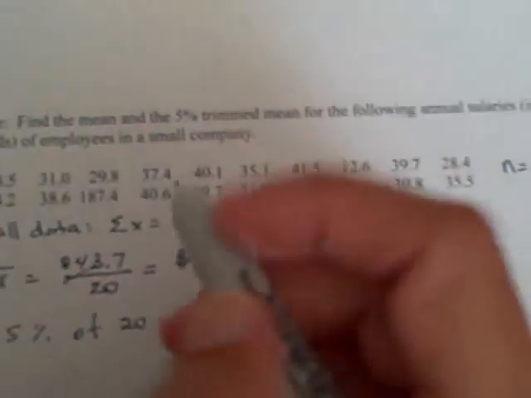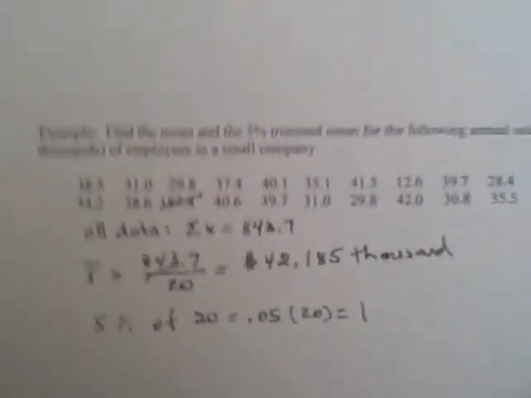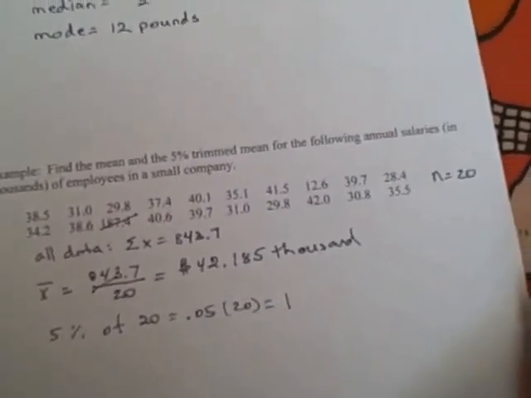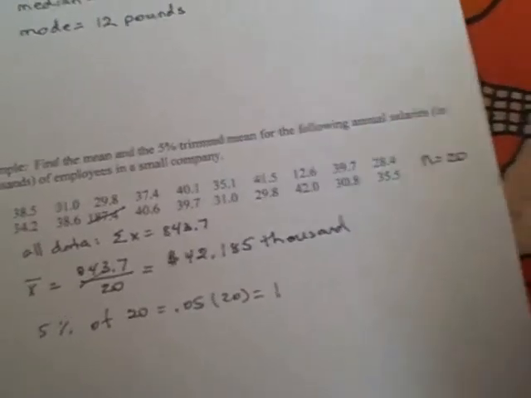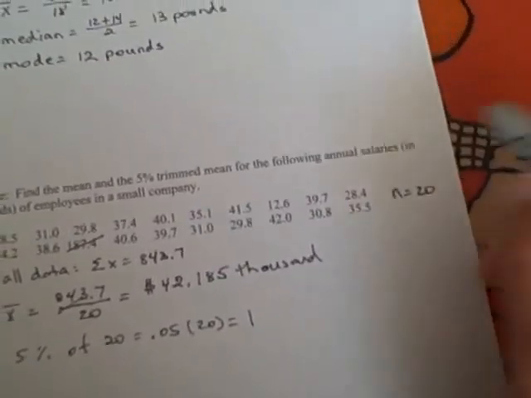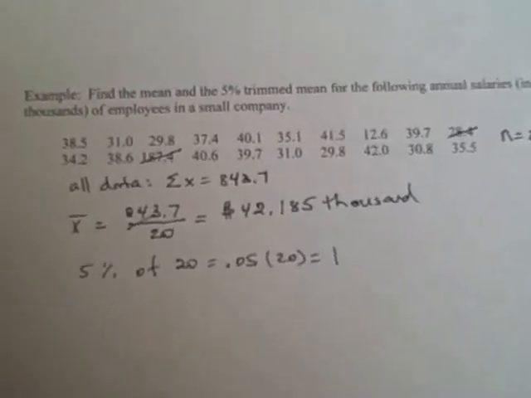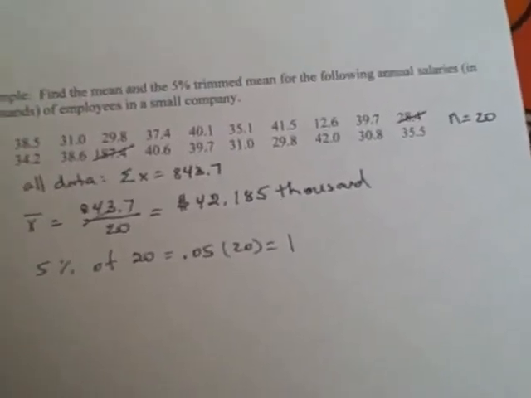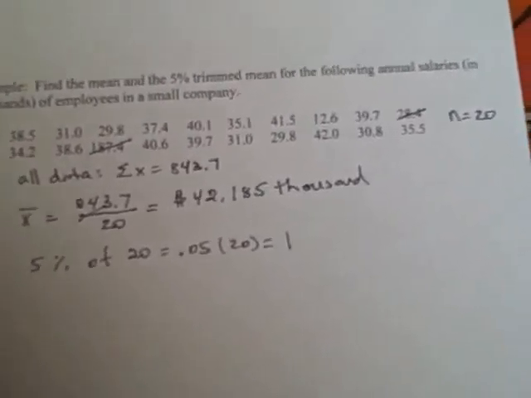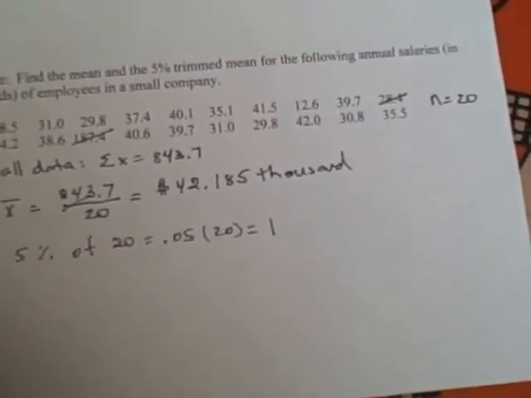So if we look at our set, we know the 187.4. We know we're going to get rid of that one. Now, what's the smallest data value? It looks like it is the 28.4. So we're going to drop that off. So I'm going to take my total, the 843.7. I'm going to subtract out the 187.4. I'm also going to subtract out the 28.4. Okay.